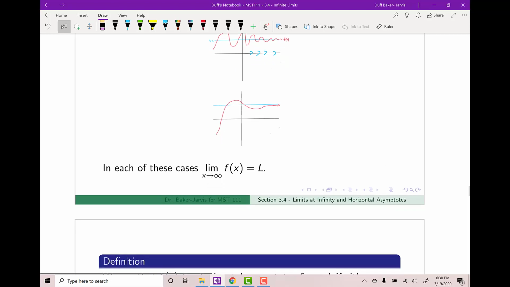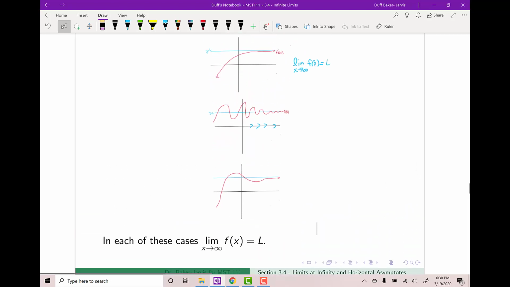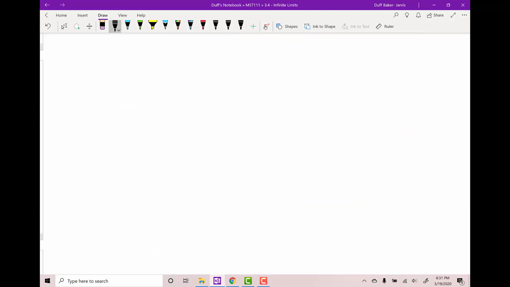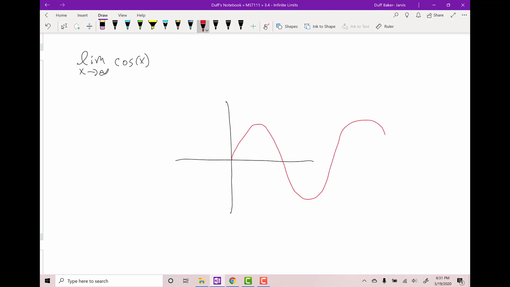Okay, so in each of these cases the limit as x goes to infinity of f of x was L. So it is possible for a limit at infinity to not exist. An example of that would be, let's consider the limit as x goes to infinity of cosine of x. Cosine just oscillates up and down forever.